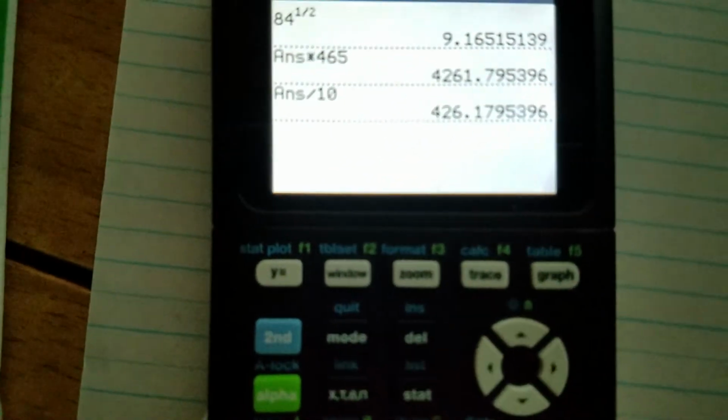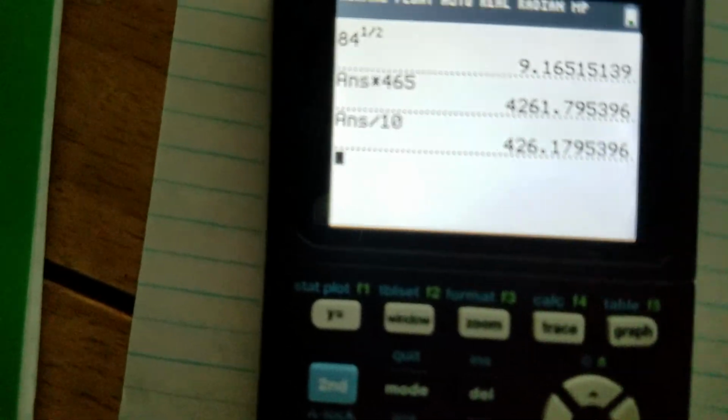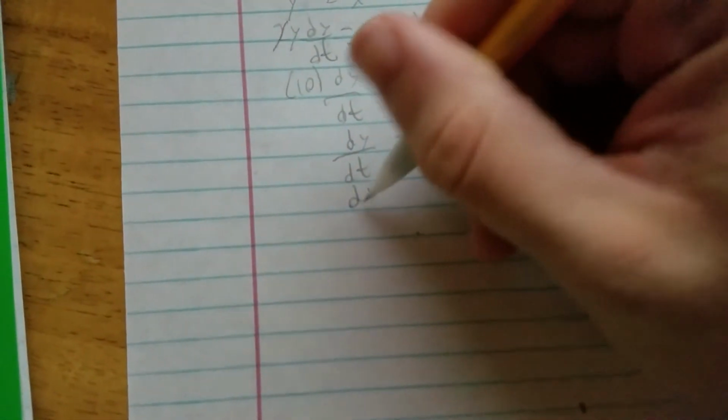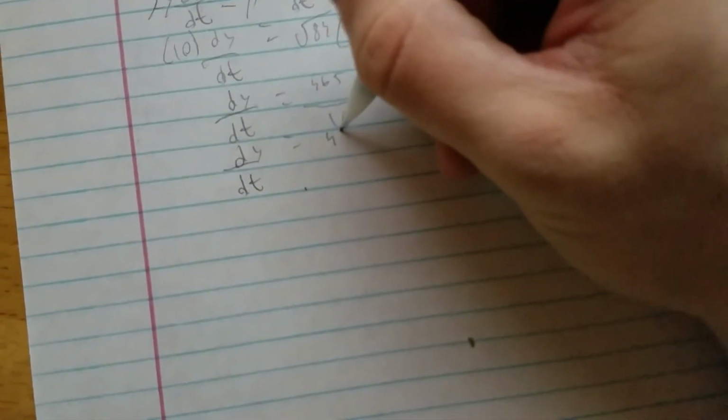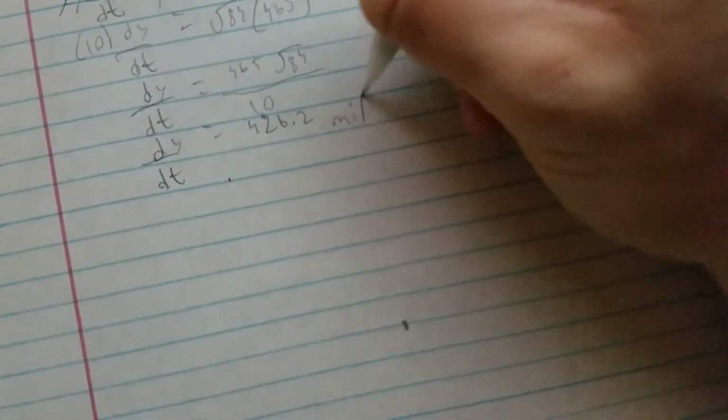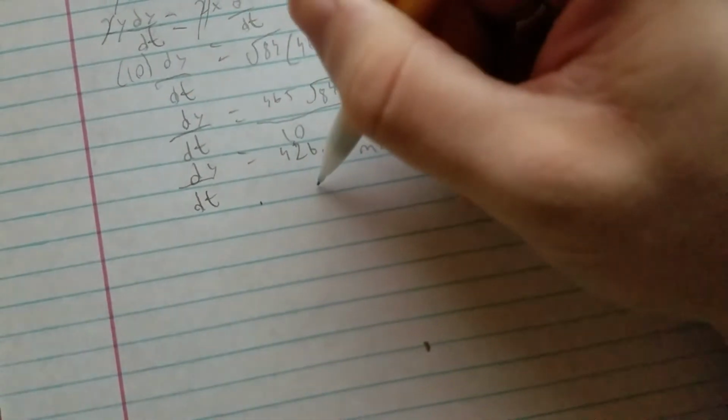You round whatever it tells you to round to, but this is going to be your answer. So now we have dy over dt equals 426.2 miles per hour. And that is our answer, 426.2 miles per hour. Don't forget about the miles per hour.